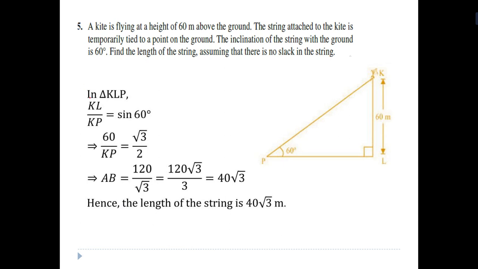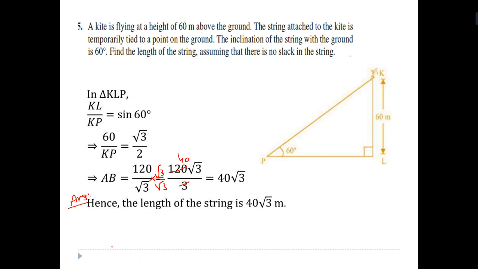In triangle KLP you have to write KL upon KP is equal to sine 60. You have to write 60 divided by KP is equal to root 3 by 2. KP is equal to 120 by root 3. Now we can rationalize it, so 40 root 3. Hence, you have to write: hence the length of the string is 40 root 3. That way you have to write.